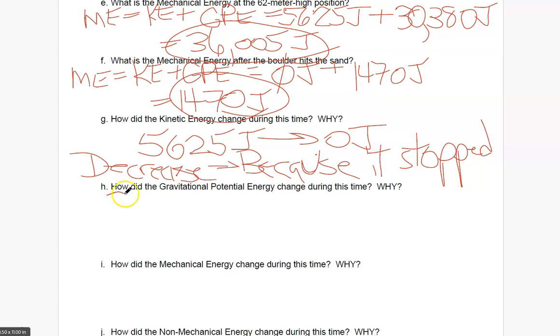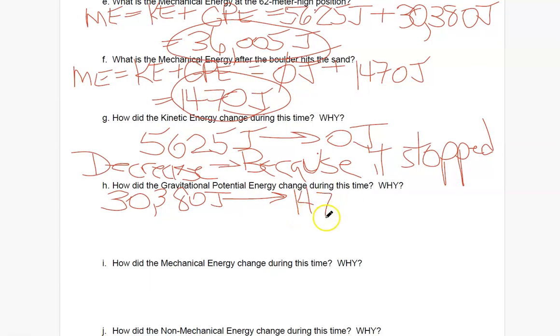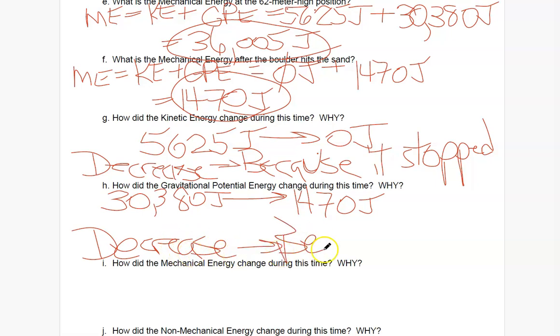We know that in the middle of the fall, the gravitational potential energy was 30,380 joules, and that decreased when it dropped to the level of only 3 meters high, from 62 meters to 3 meters high, and at that point, the gravitational potential energy was 1,470 joules. Again, we have a large decrease. So why did it drop? Because the height decreased.